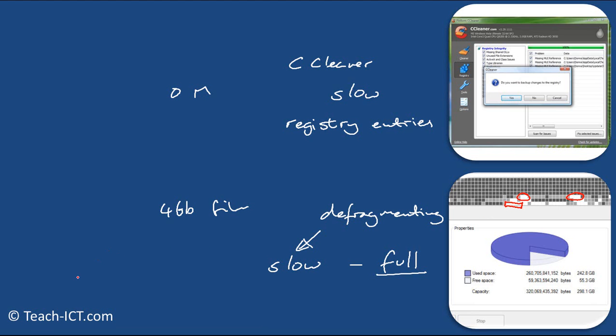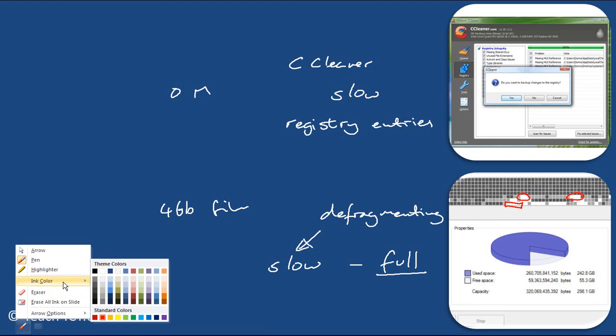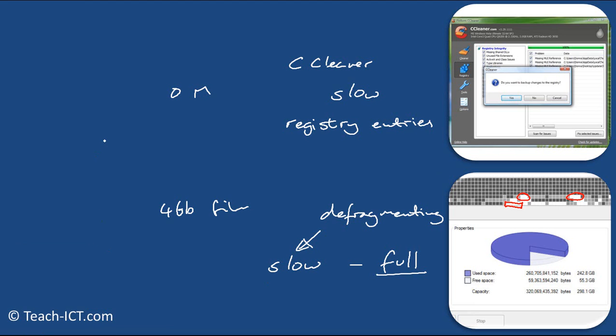Switching back to a white pen, when the computer is loading up your work, if you imagine this is the hard disk of the machine, you've got 2 blocks there, then 3 blocks there, and then 5, and let's say that's stored there.